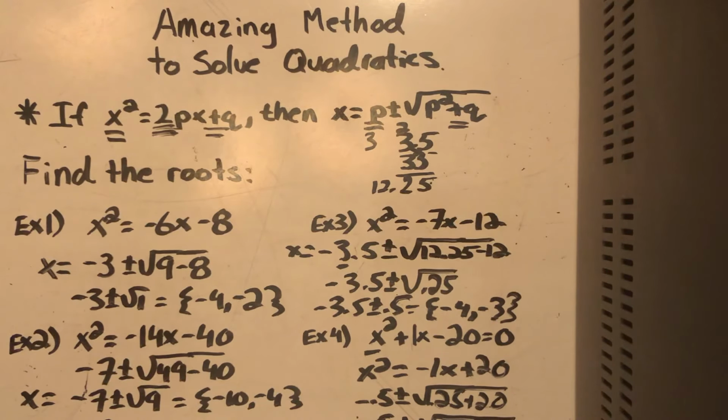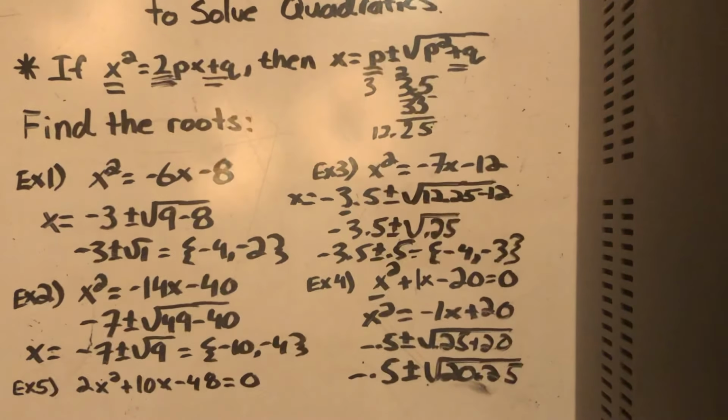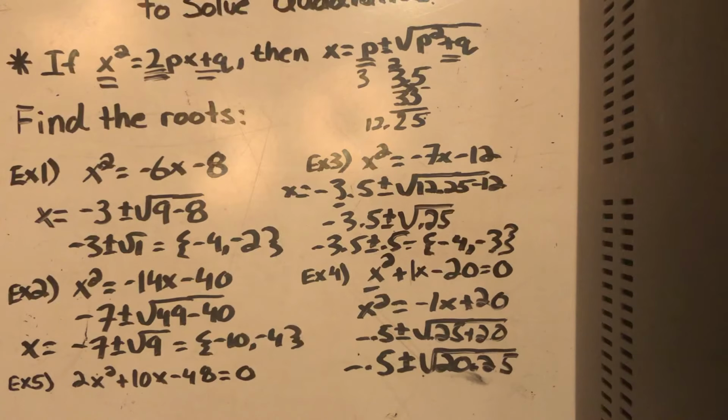Now, when something ends in 0.25, if it has a perfect square root, it's going to end in 5. So this comes with experience, but I know right away that the square root of 20.25 is 4.5, because 4 times 5 is 20, and then you just attach the 0.25.